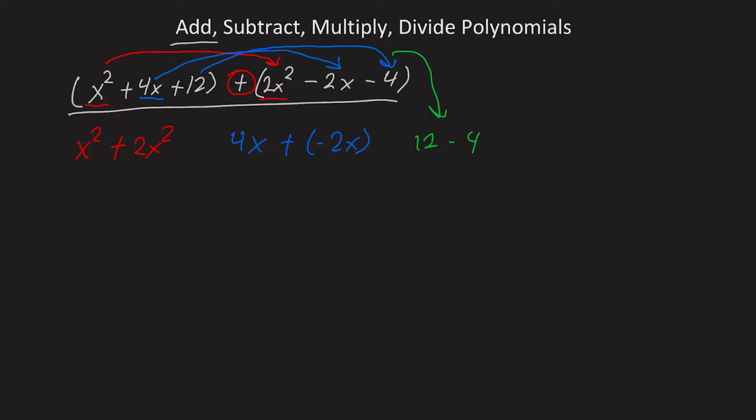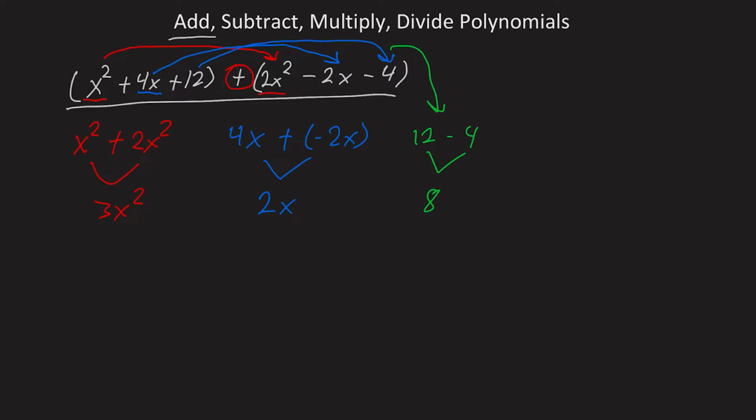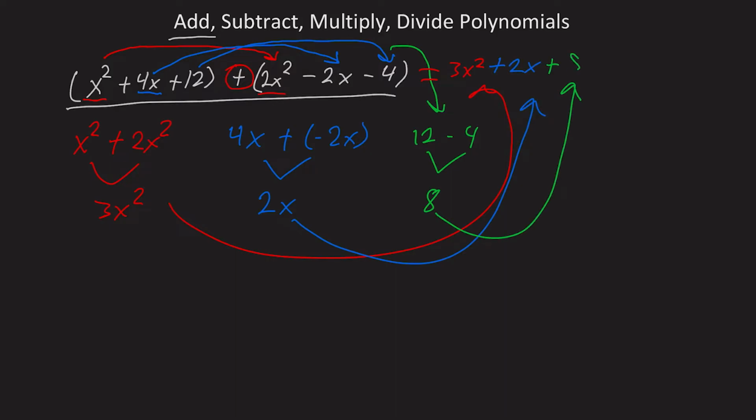So let's simplify all of these. x squared plus 2x squared brings us to 3x squared. 4x minus 2x gives us 2x. And 12 minus 4 gives us 8. So our result equals 3x squared plus 2x plus 8.